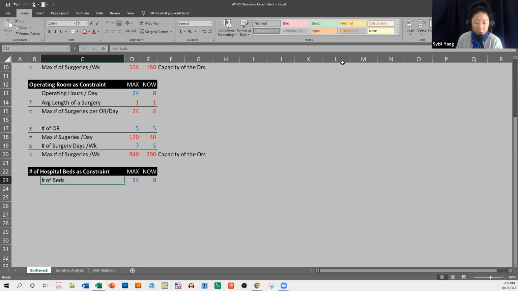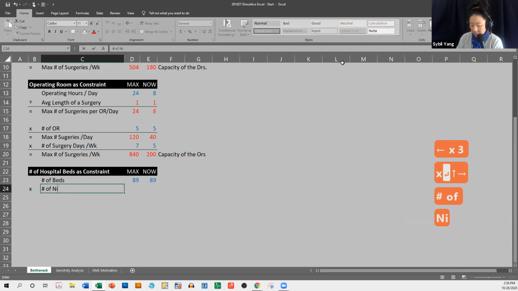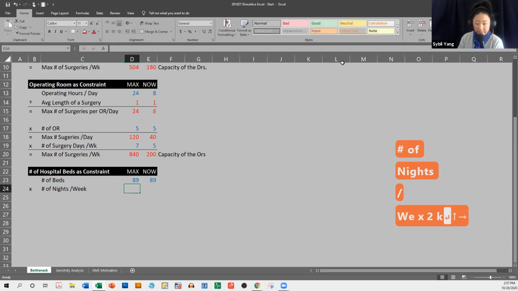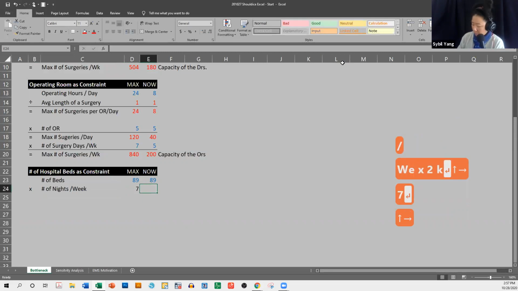Based on the case, there are 89 beds in the hospital right now. And we're going to multiply that by the number of nights per week. And 7 nights a week, that's just kind of given.